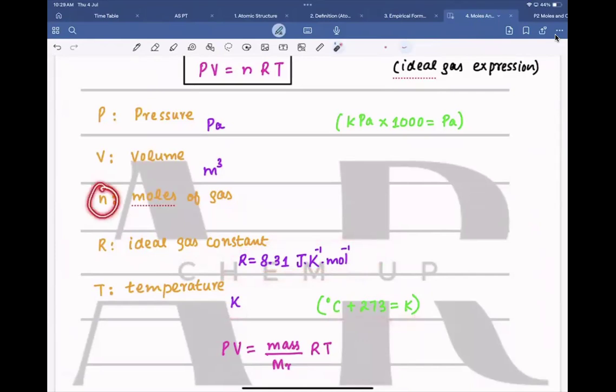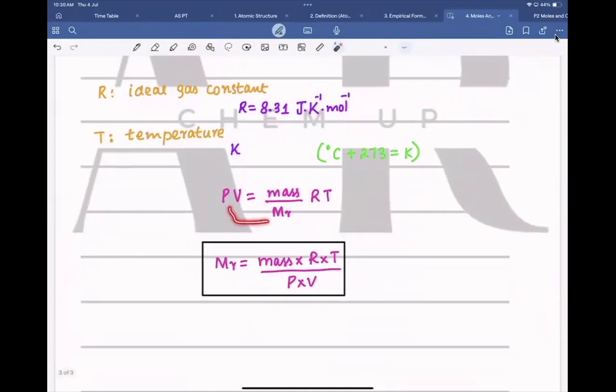Okay. So what was N? N is the number of moles, right? Yes. We know that number of moles equals mass upon MR. So I substituted mass upon MR instead of N, and moved MR to one side and the rest to the other, and I got one more expression to calculate the relative molecular mass of a gas, right?